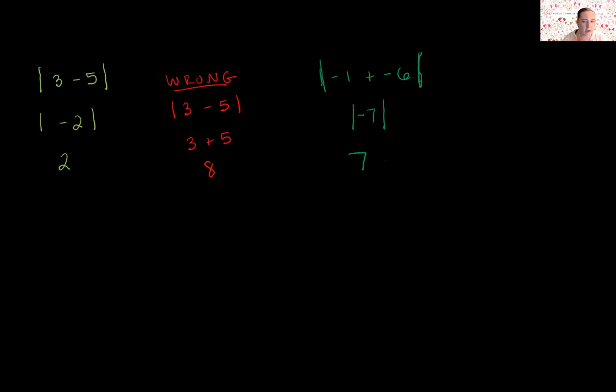So I start at -1. If we think of this on a number line, I've got -1. When you're adding a -6, this is saying, okay, I'm going to the left 6 places because negatives are always to the left. So I go 1, 2, 3, 4, 5, 6.